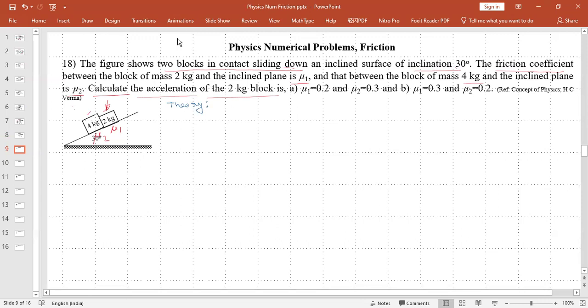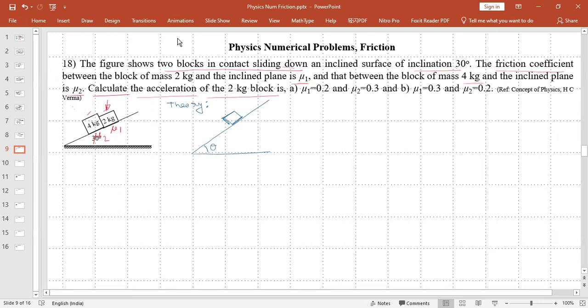This theory is for your understanding of the problem. Let us say there is an inclined plane of angle theta and an object of mass m is lying on it and trying to slip down.